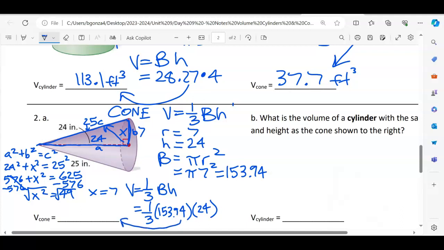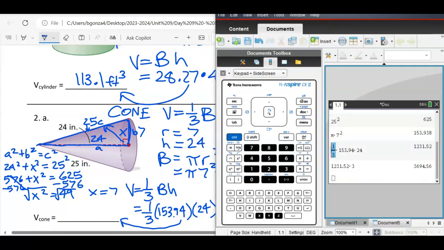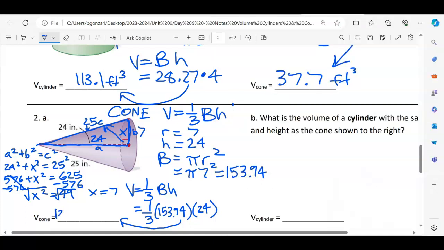And that'll give me my volume. So earlier in my calculator, I did 1/3 using control divide times 153.94 times 24, and I got 1,231.52.